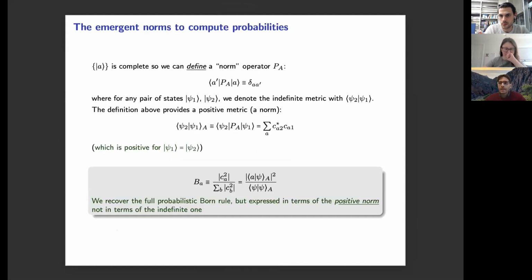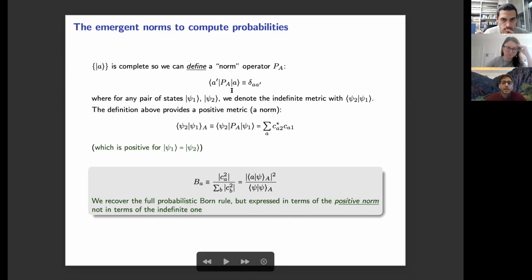So what happens to the way we express the Born rule in terms of, let's say, matrix elements? Basically, there is a set of emergent norms to compute the probabilities, which are defined by this relation, so that <a'|P_a|a> is defined like the Kronecker delta.